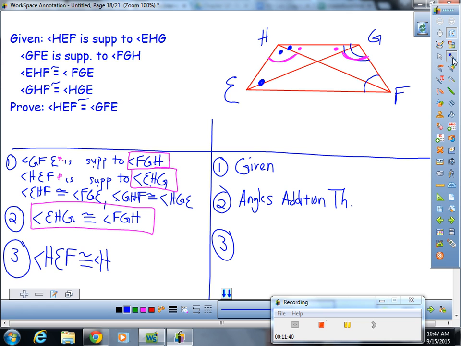So look, now we can say that angle HEF is congruent to angle GFE, okay?